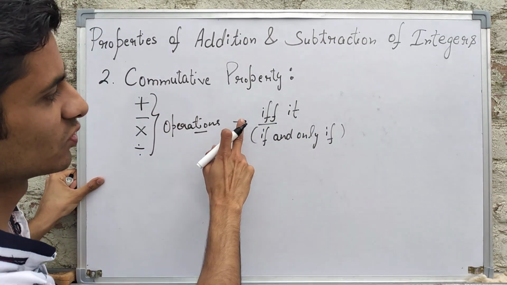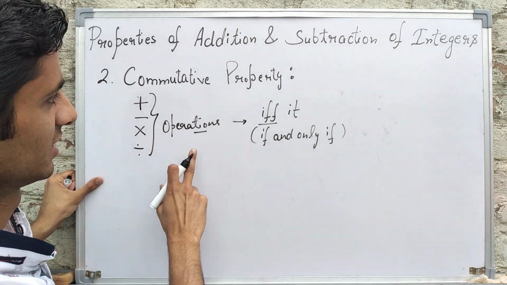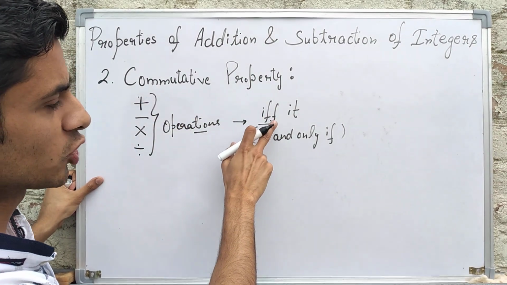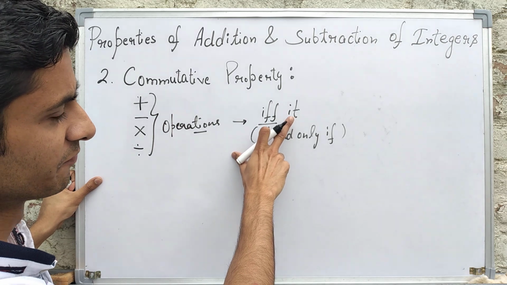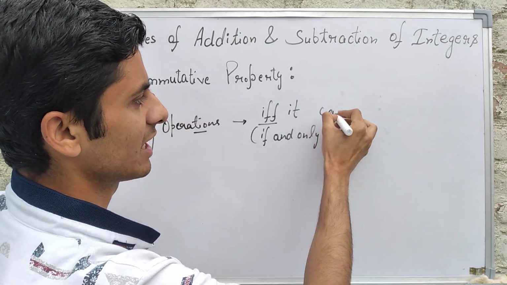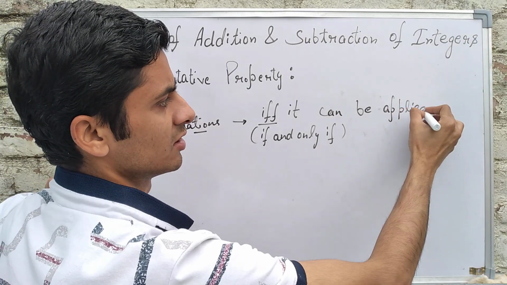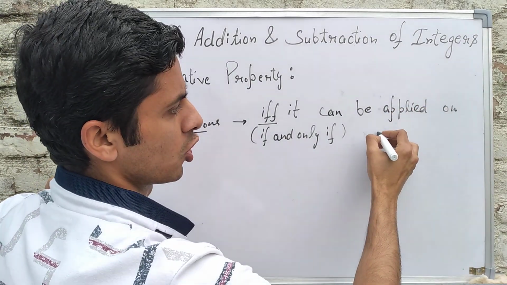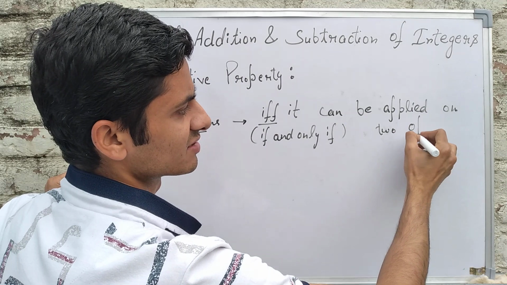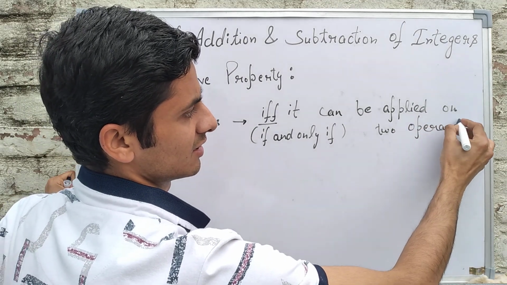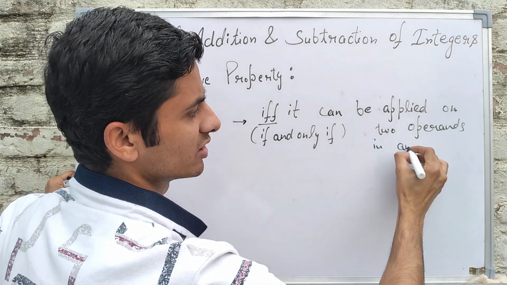So an operation is said to be commutative if and only if it can be applied on two operands in any order.